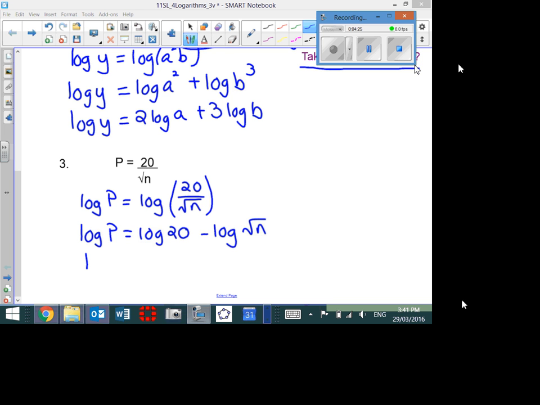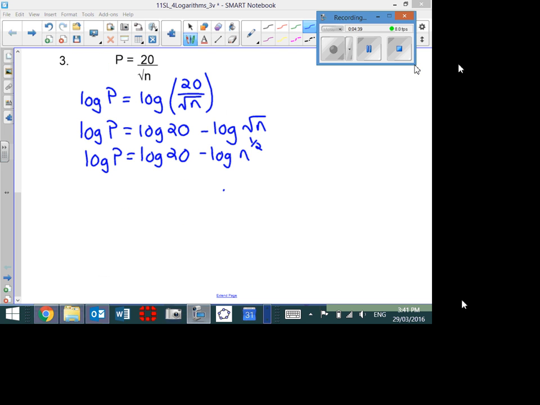Now I know I can rewrite my log of square root of n as log of n to the 1/2 power. So if I do that, I can go ahead and use my power rule, and I can bring the 1/2 to the front and make that the coefficient. So minus 1/2 log of n.